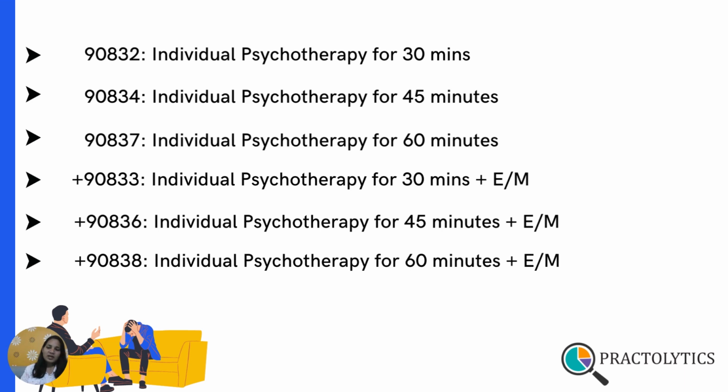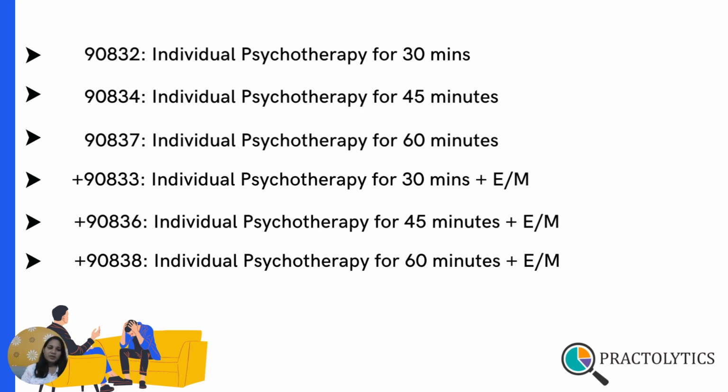In the previous video, we discussed that we can report both an evaluation and management code and a psychotherapy service together on the same date of service when they are significantly and separately identifiable. Here are the add-on codes: CPT 90833 for individual psychotherapy for 30 minutes along with an E&M, CPT 90836 for individual psychotherapy for 45 minutes along with an E&M, and 90838 for individual psychotherapy for 60 minutes along with an E&M.